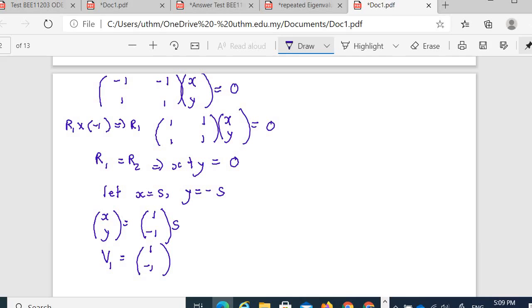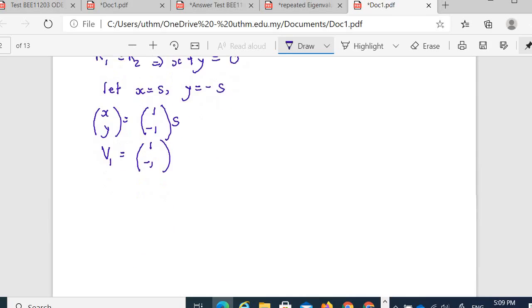Now how to obtain your V2? First of all, I will tell you the reason, and later on summarize. When you see a repeated eigenvalue, you can straight away use the formula.